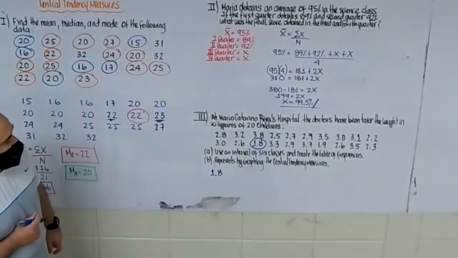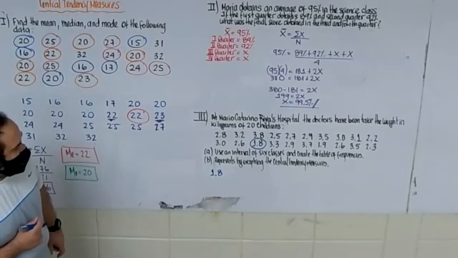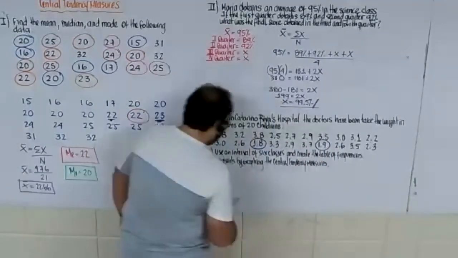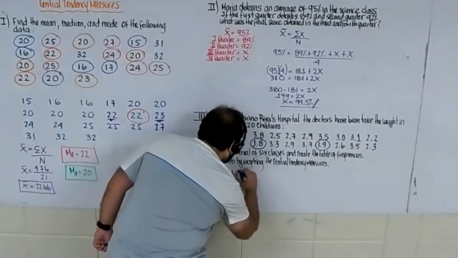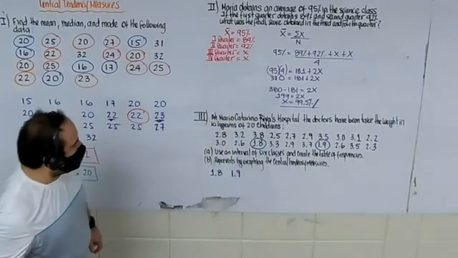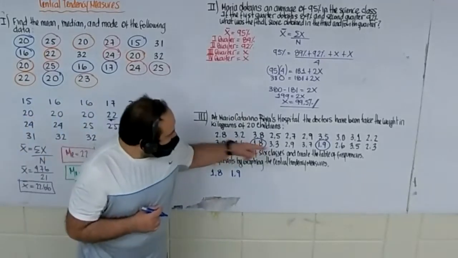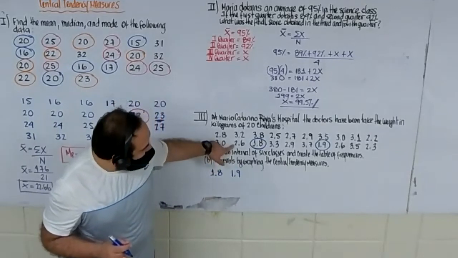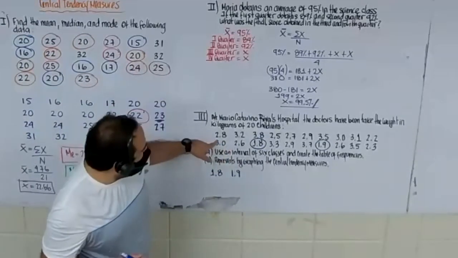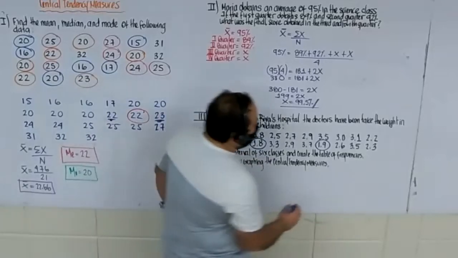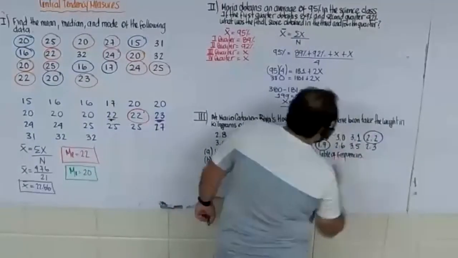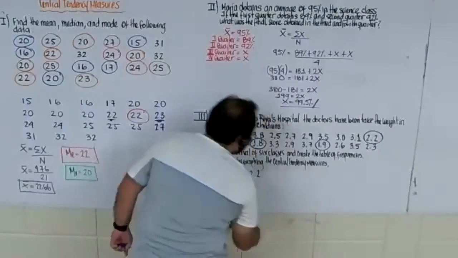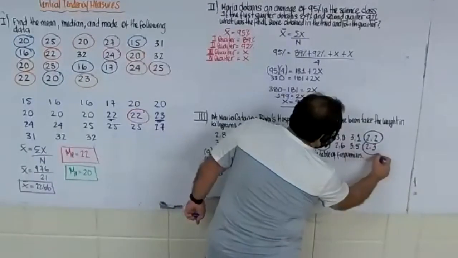Okay, after 1.8, the next one will be 1.9. After 1.9, we can use 2.2, over there, right? 2.2. Also 2.3.